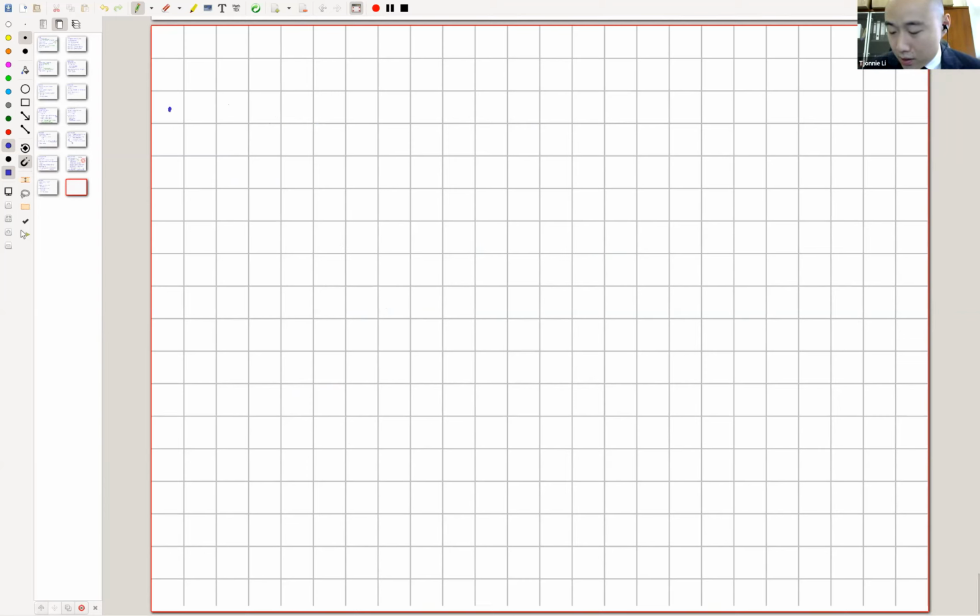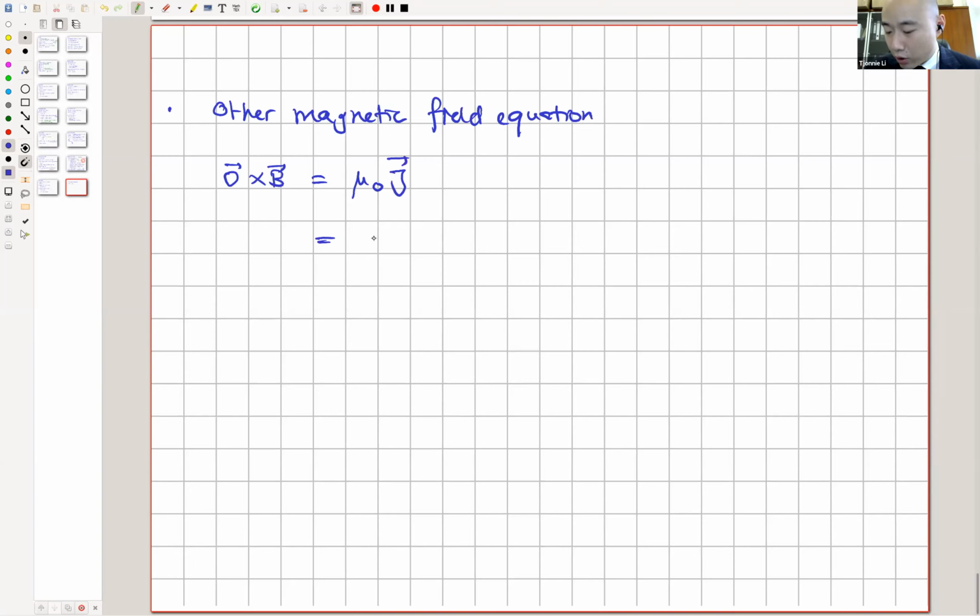The other magnetic field equation simply states that the curl of B equals mu naught J. But the curl of B is now the curl of the curl of A.